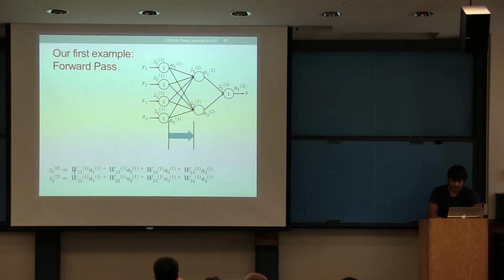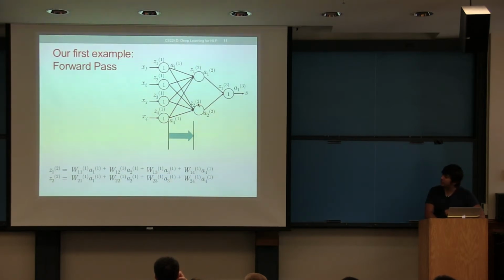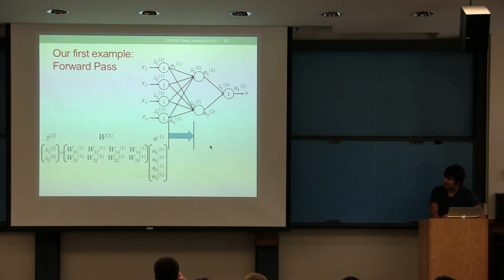So all you do is you take the inputs and you multiply them with these parameters W. There are 8 parameters in this case, and that generates the linear combinations Z1 2, Z2 2 right here. And you'll see that this can actually be represented as simply a matrix multiplication, and you should be familiar with this part too so far. So we'll just say that Z2 is basically a product of the matrix W1, which is mapping activations of layer 1 to Z2.